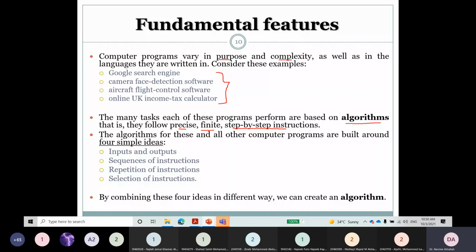We need customizable programs that change with different inputs. So we need algorithms to be able to start with different data inputs and to produce output that varies according to the input data.